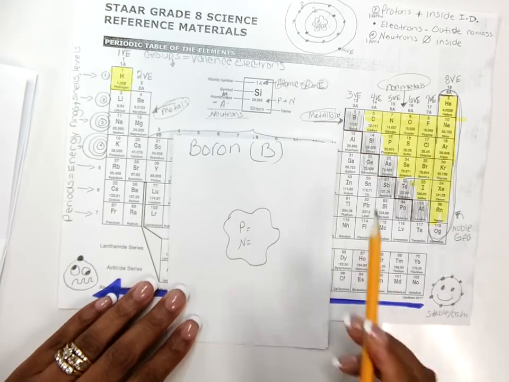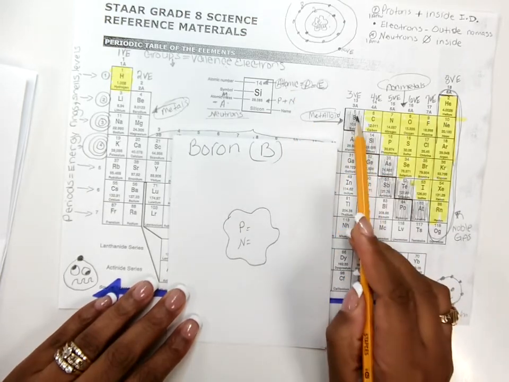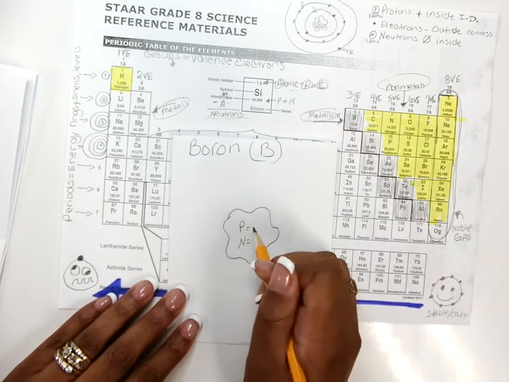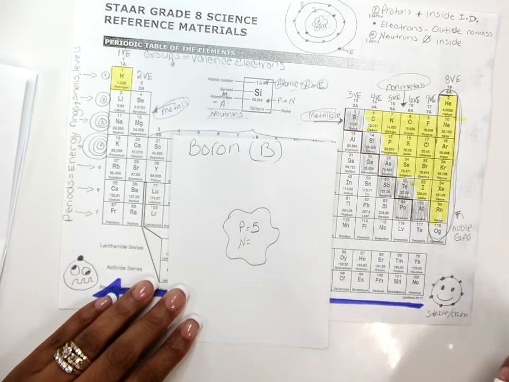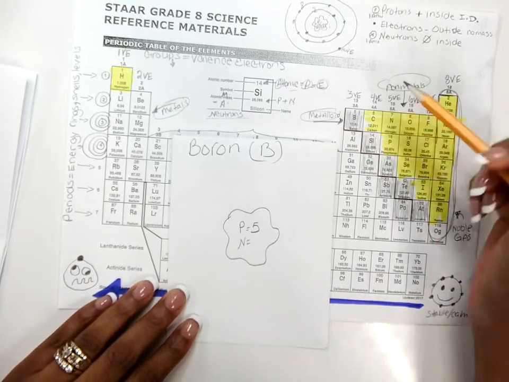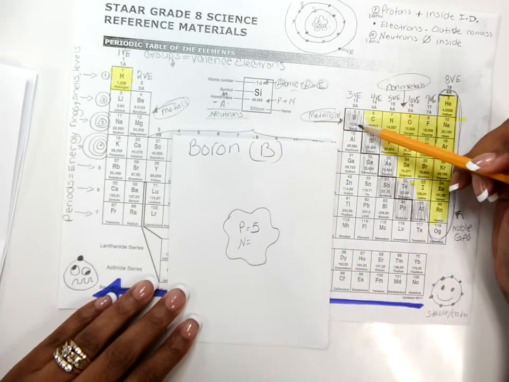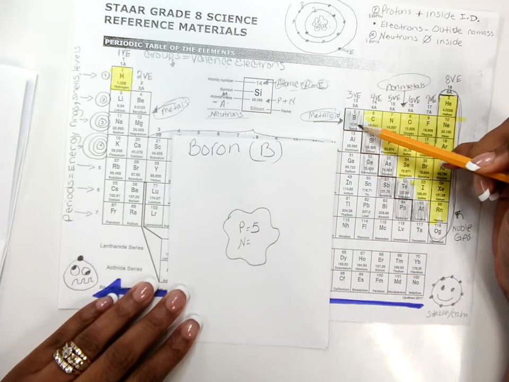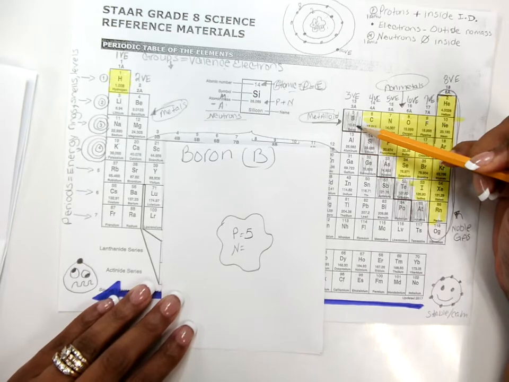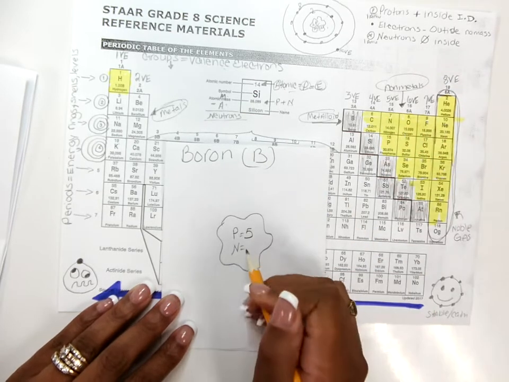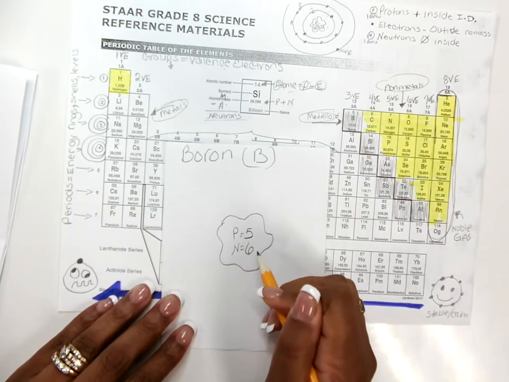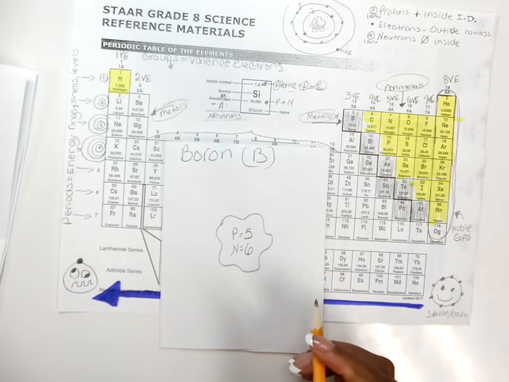Nucleus, APE. So boron, the atomic number is 5, so P, protons, is 5. Neutrons is mass minus atomic number. So mass is 11. Remember, you round to the whole number. 11 minus 5, 6.